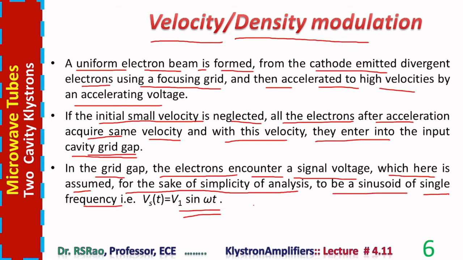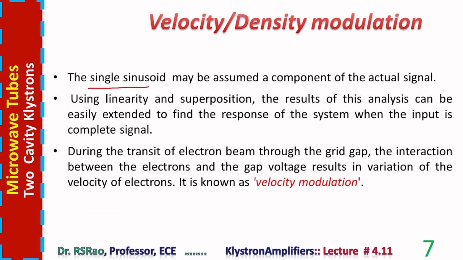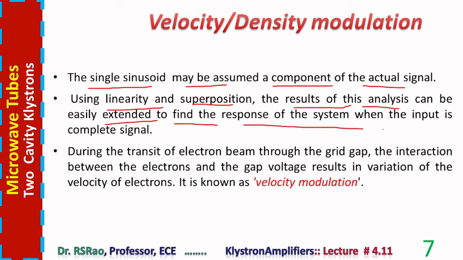So there is a certain hidden meaning in considering a single sinusoid as input here. In addition to the simplicity of analysis, the single sinusoid may be assumed a component of the actual signal using linearity and superposition. The results of this analysis can be easily extended to find the response of the system when the input is the complete signal.